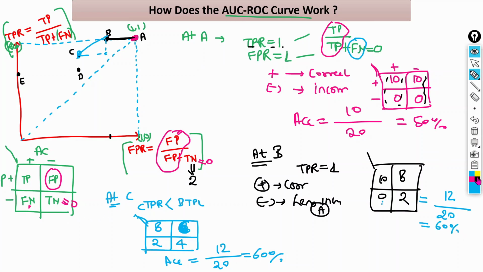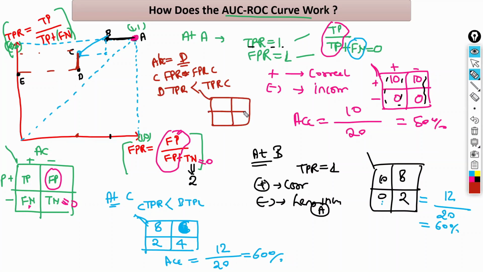Let's take point D. At this point, my FPR will be the same at both C and D, but TPR will be less as compared to C. So my output would be like this.